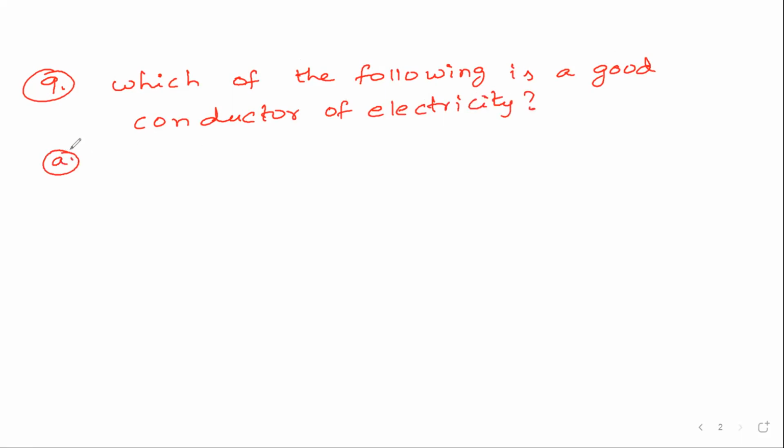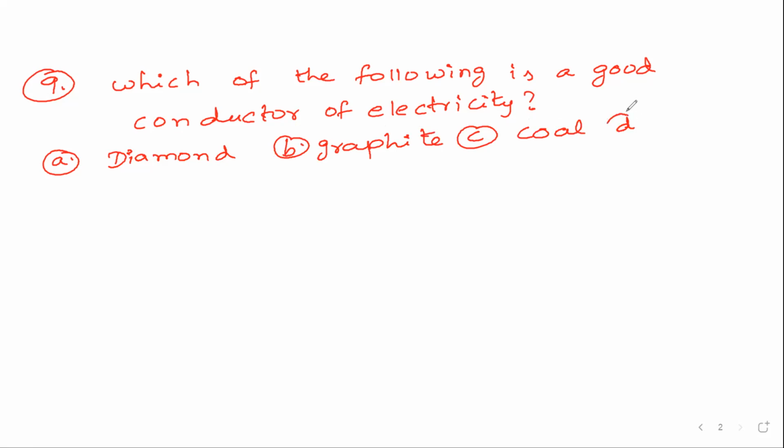Option A, diamond; option B, graphite; option C, coal; and option D, coke. So which of the following is a good conductor of electricity?